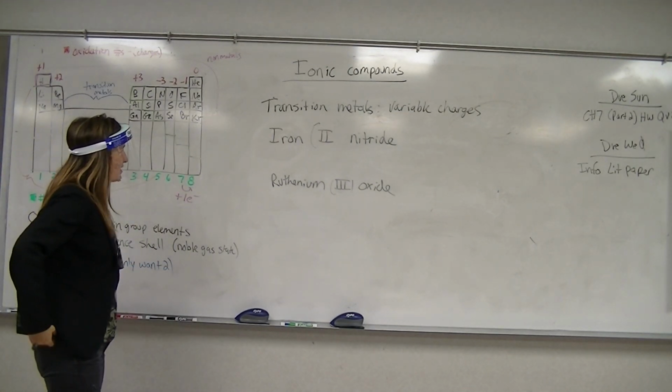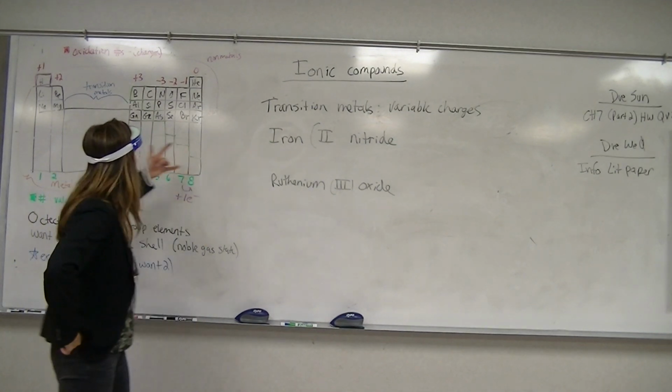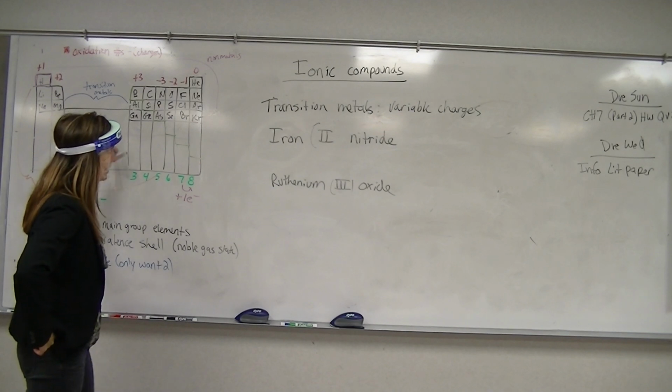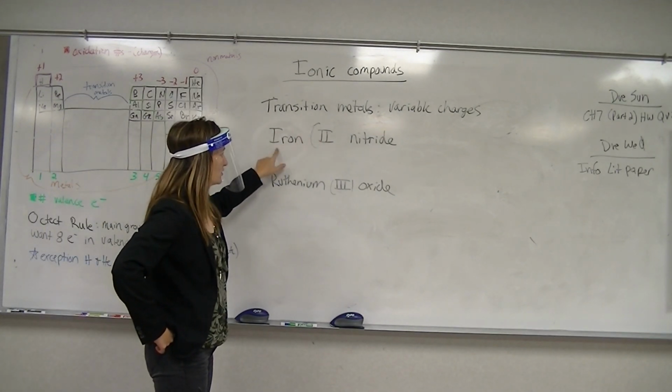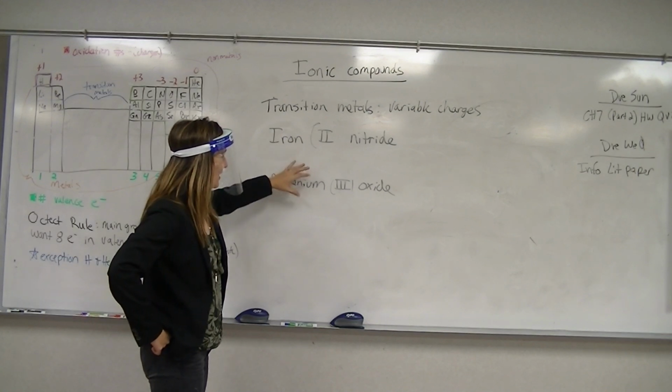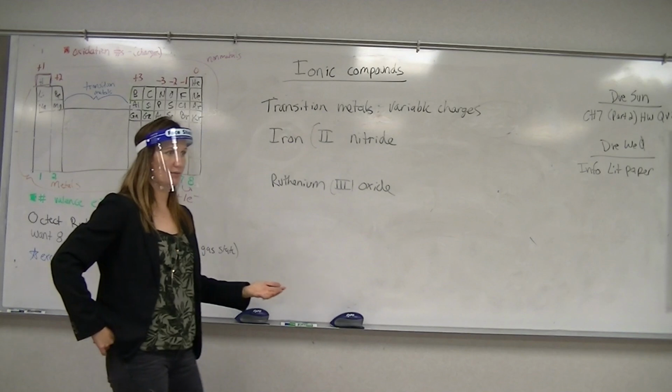The presence of the Roman numeral tells you it's a transition metal, but you could also figure that out by finding where they are on the periodic table. Remember, this Roman numeral indicates the charge, because when we're naming ionic compounds, the first thing we want to do is find the symbols and the charges.